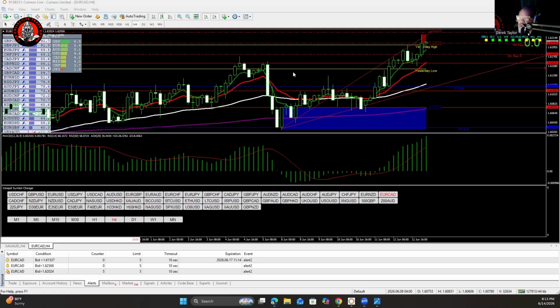Now, also, if price comes here, price does one thing more than it does anything, and that's repeat itself. Price repeats itself over and over and over again. It doesn't matter what instrument you're trading, it does it. Taking points here, this line here, consolidation.